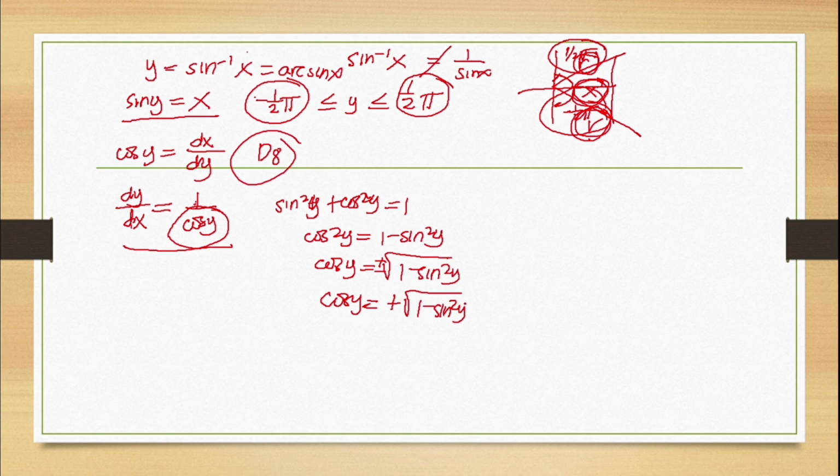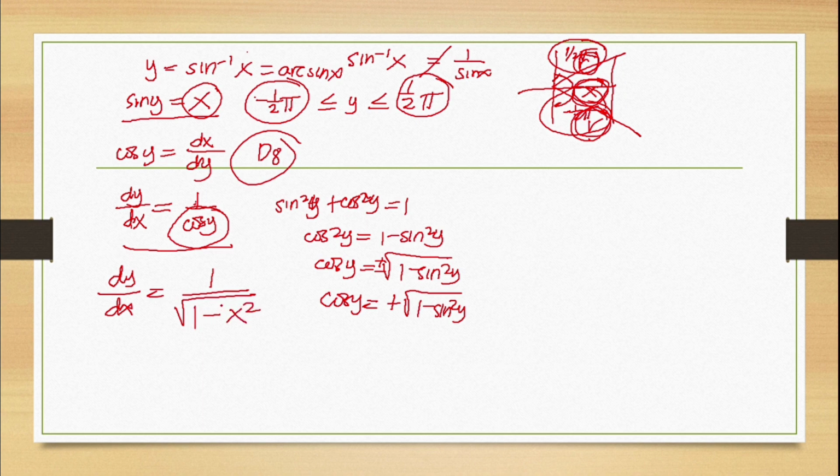So what is the value for sine? Sine y is equal to x. Therefore dy over dx is equal to 1 over the square root of 1 minus x squared.